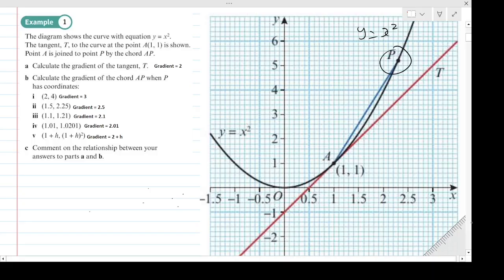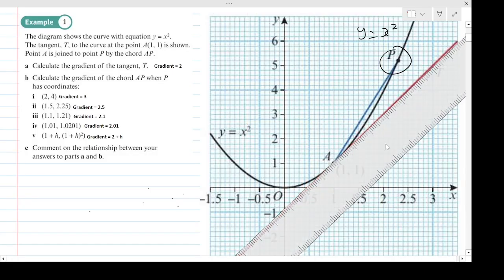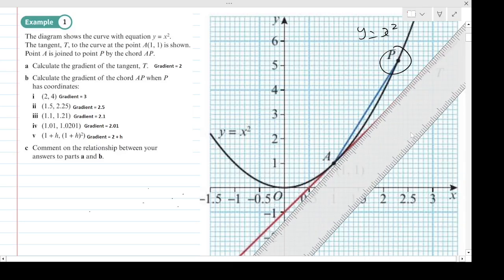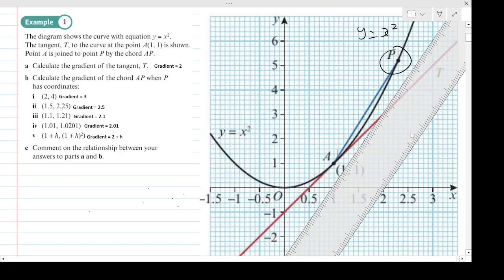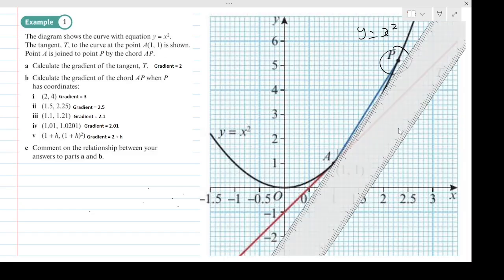The gradient from A to P, the blue line, if I move this ruler to match the blue line, you notice the gradient is different to the tangent.